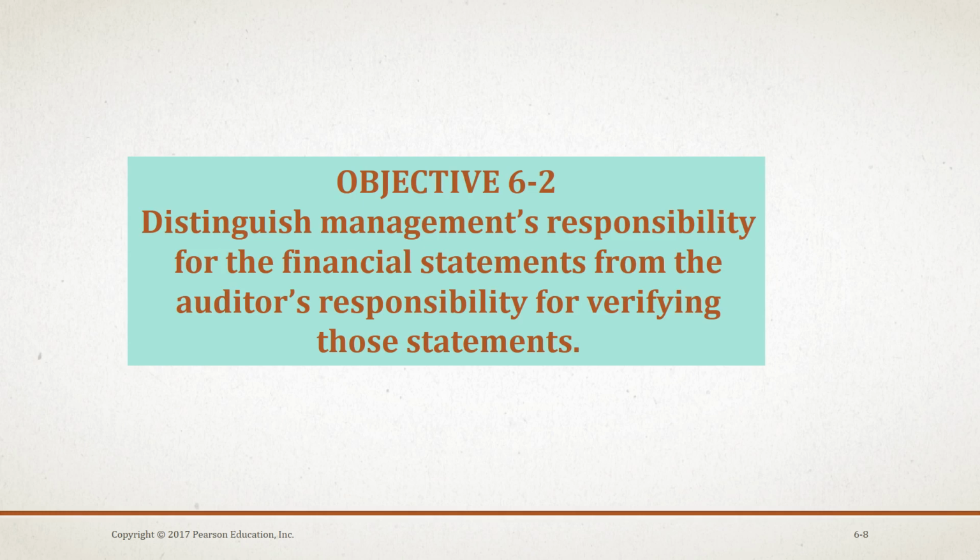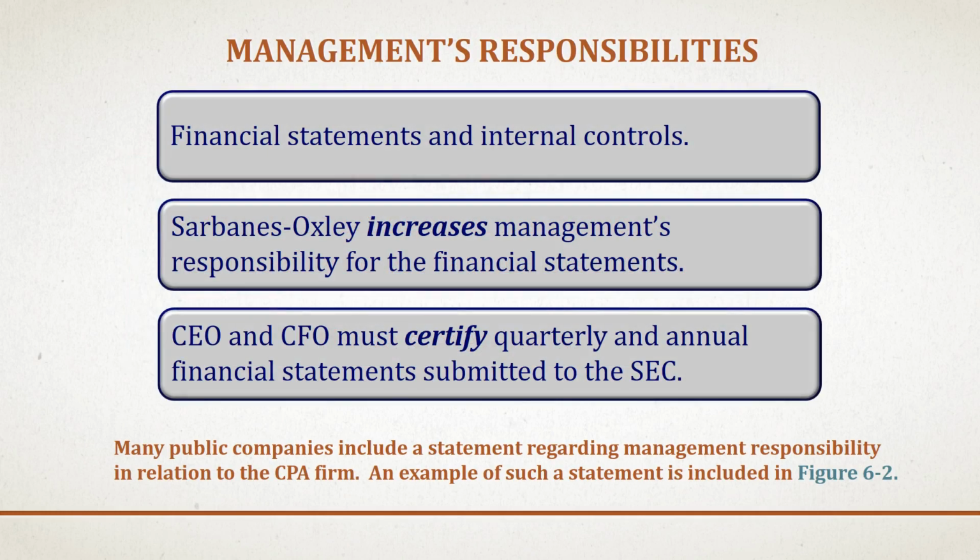The second objective, distinguishing management's responsibility for the financial statements from the auditor's responsibility. Management responsibilities. It is important that everybody on this lecture know that the financial statements belong to management.